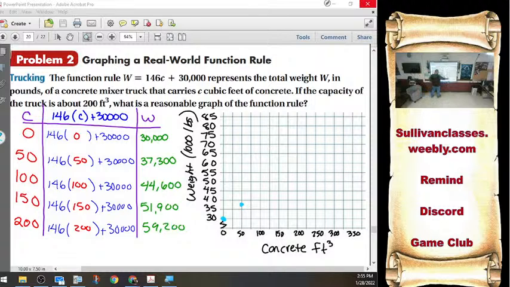At 100, 44,600. So just a hair under 45,000. At 150, it's 51,900. So right above 50. 59,200. So 200, 59,200 going to be right under 60. And if we made our scale right, if we winged it decently enough, we should be able to put our straight edge on there and hit all those points, or really, really close.